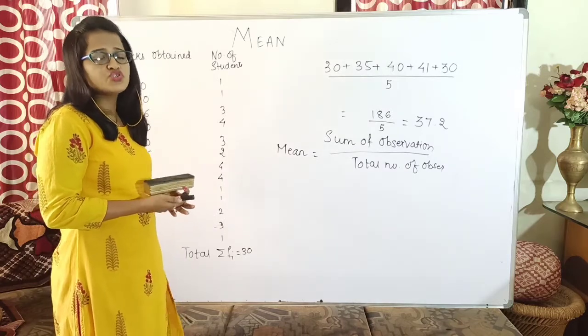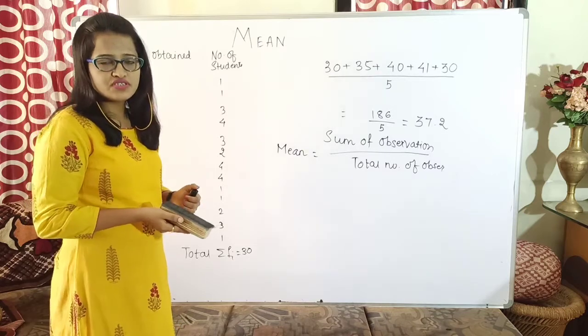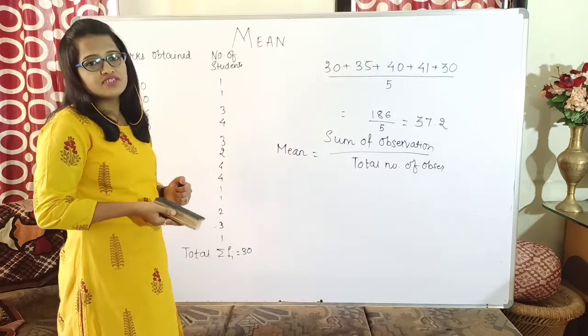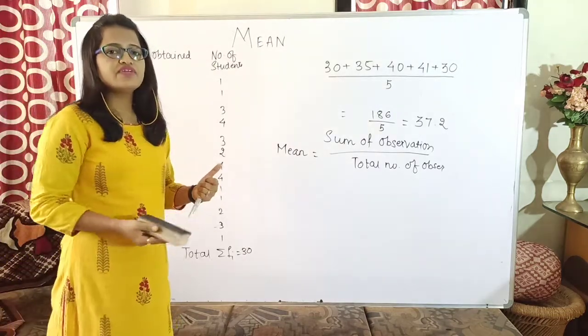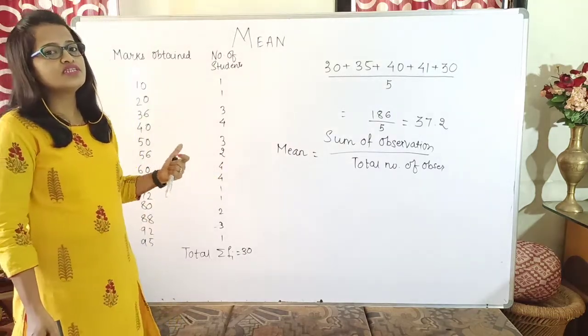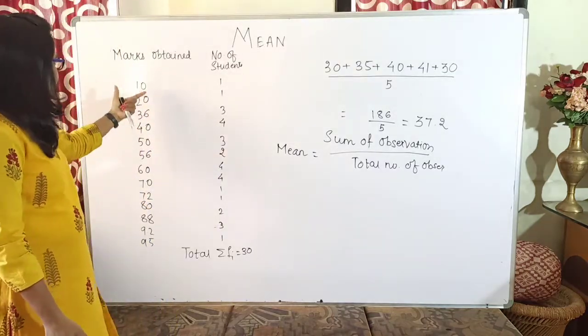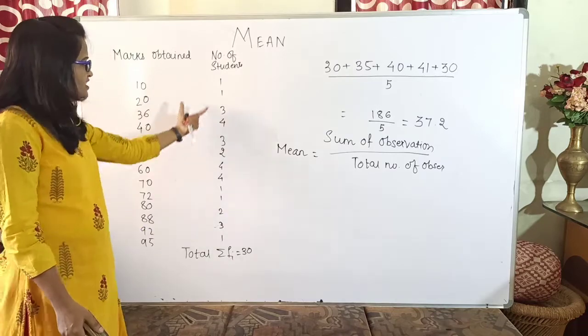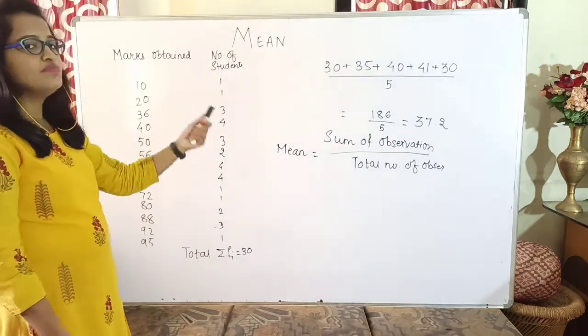So definitely there should be a way of finding the mean of such observations in a quick and easy way. Whatever the data, we can represent it in a frequency distribution table. This is my frequency distribution table: these are the marks obtained by the students and these are the number of students who obtained the respective marks, and I have to find the mean of the class.